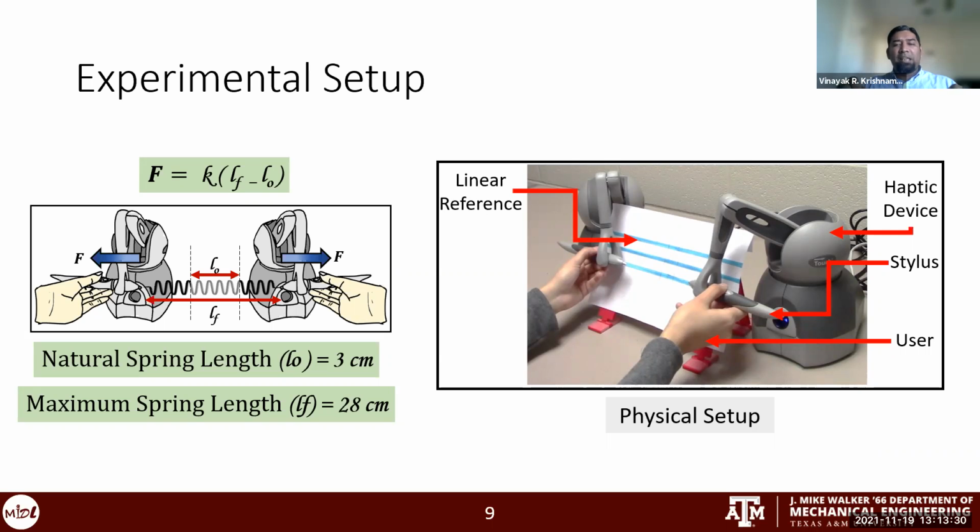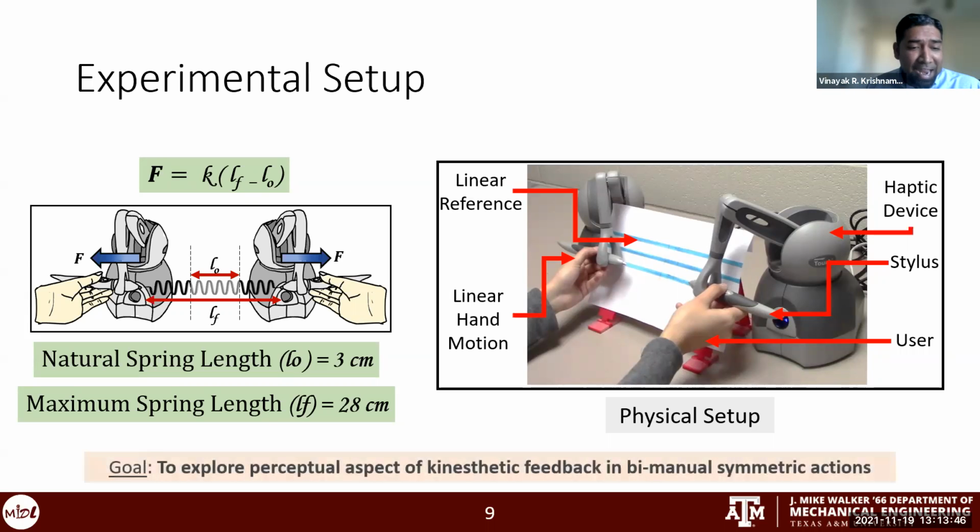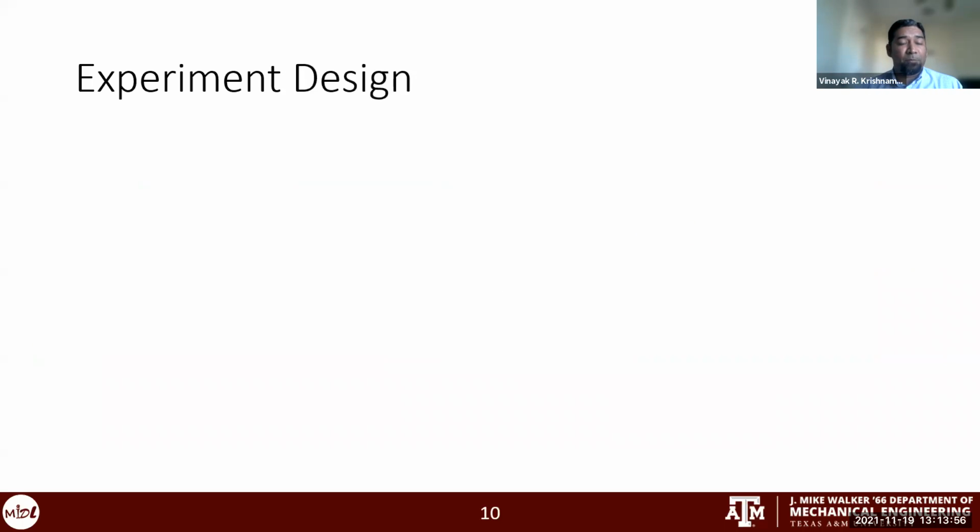The user could comfortably place at one of these, and the task was to start at the center and pull as long as they want to, towards the end of the line. So the lines provided some visual cue to control the motion of the hand, okay. With this setup, our goal was to explore this perceptual aspect of kinesthetic feedback in this kind of bimanual symmetric action, okay.